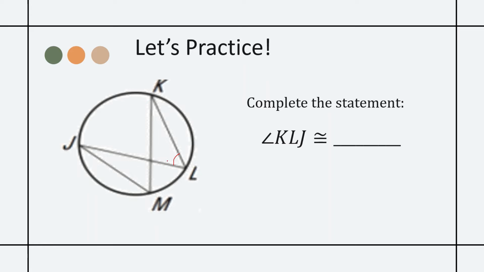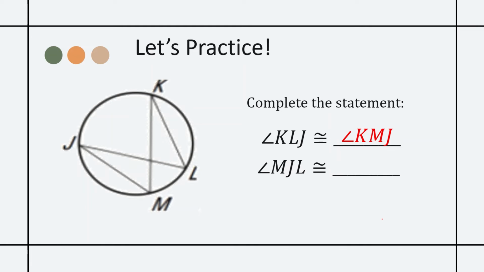So, ang angle KLJ, its intercepted arc is arc JK. So, anong angle pa ang may intercepted arc na arc JK? So, we have angle KMJ. So, angle KLJ is congruent to angle KMJ.